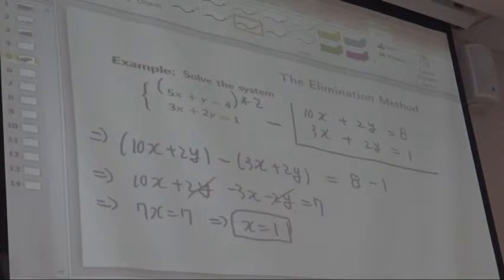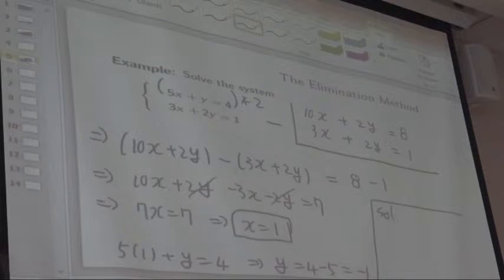Once we get an x value, we can plug into either the first equation or the second equation. If we use the first equation, we have 5 times 1 plus y is equal to 4. This is a 5, so y equals 4 minus 5, so we get negative 1. So the solution is 1 comma negative 1.